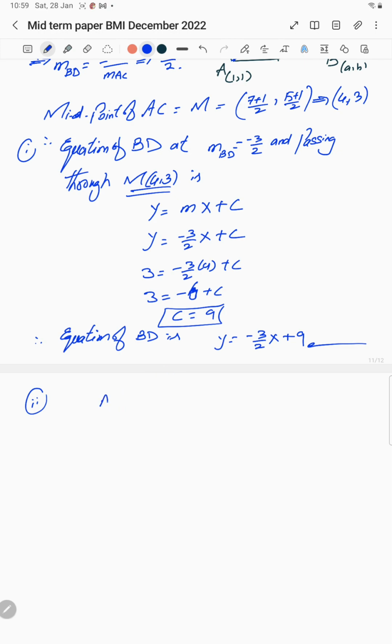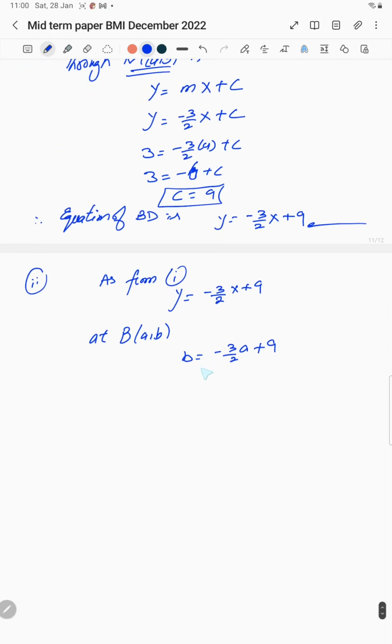From part 1 we have the equation of BD, y equals minus 3 by 2 x plus 9. So at point B, that was (a, b), we get b equals minus 3 by 2 a plus 9. Or you can multiply by 2 through to make a straight equation: 2b equals minus 3a plus 18. Or we can write 3a plus 2b equals 18. This is, say, equation number 1.